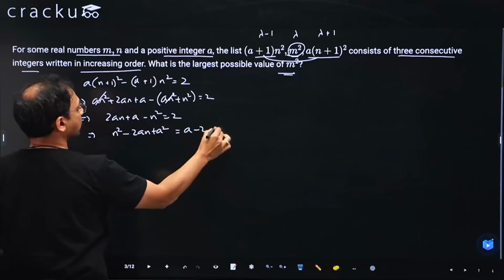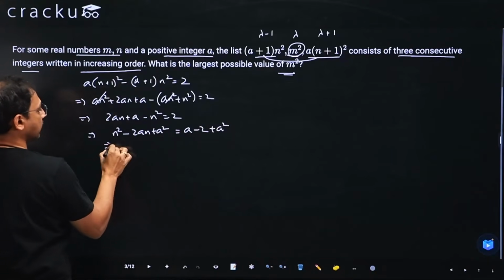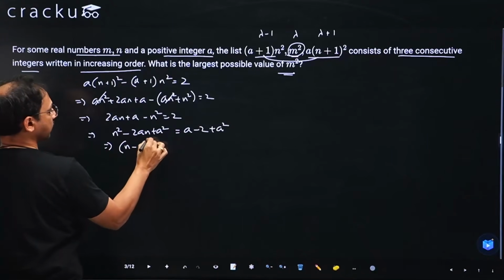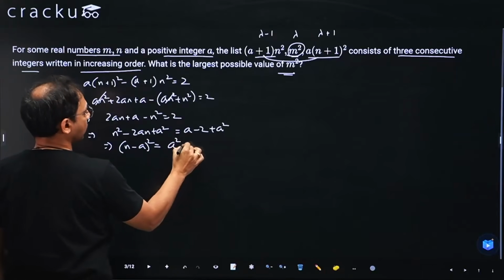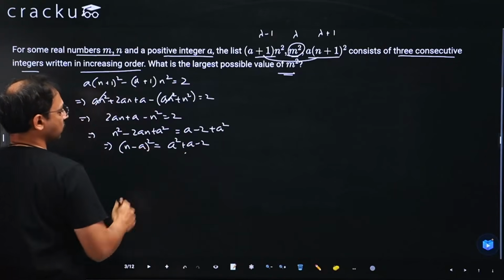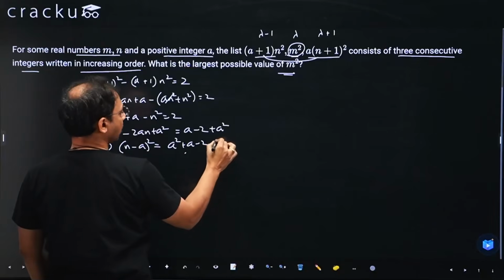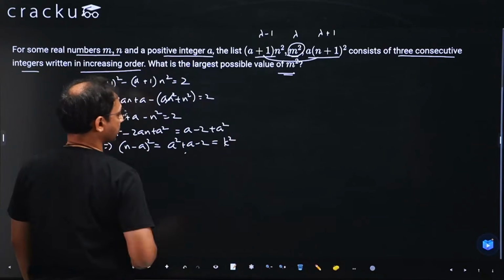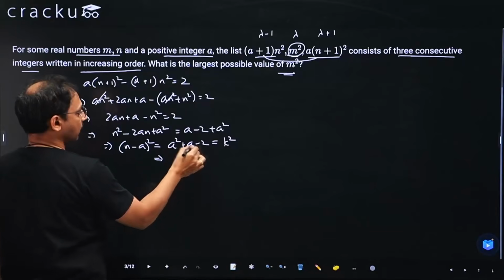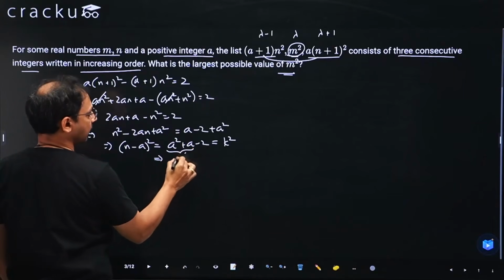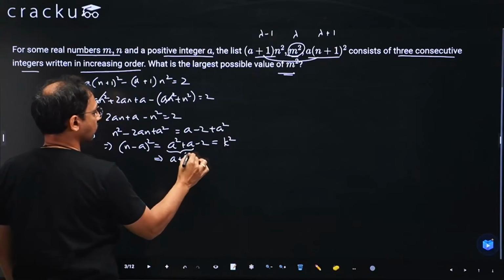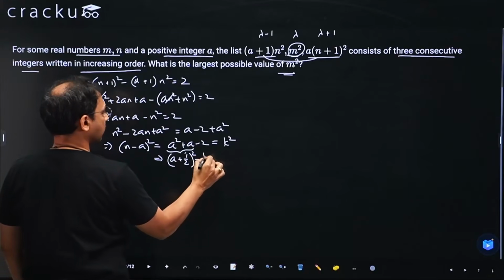The 2 I am sending to the left hand side. Add a^2 on both sides. Left hand side has become a perfect square. The right side will be a^2 + a - 2. This is an integer, so this will be a perfect square. So I am calling this sum k^2. This part I can write as (a + 1/2)^2 minus 1/4.